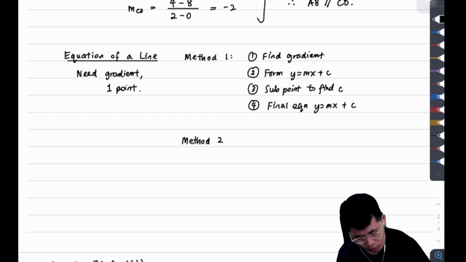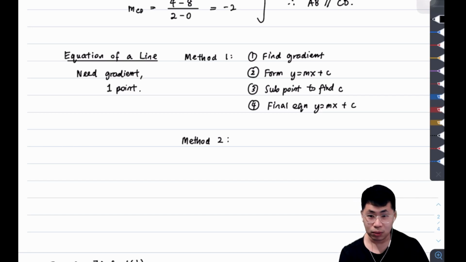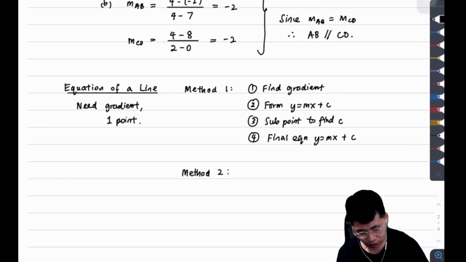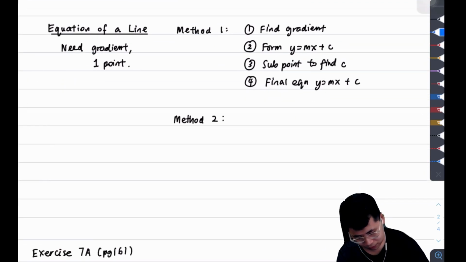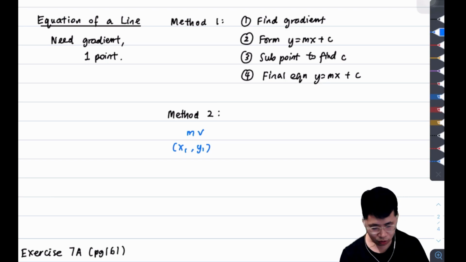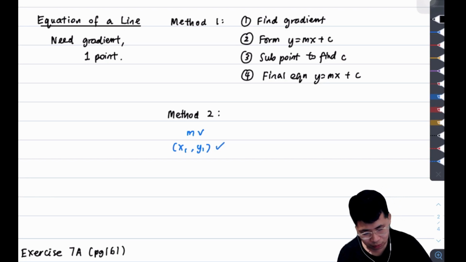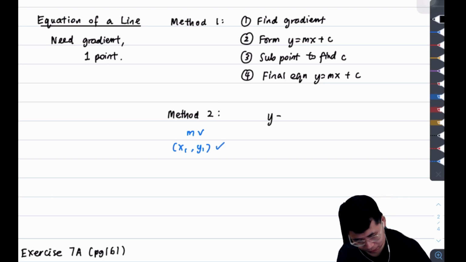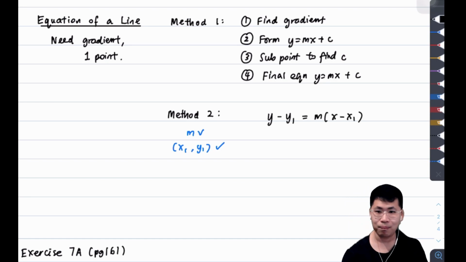Method 2 is to use a formula. Let's say you have a gradient m, and you have a point (x1, y1). What you're going to do is make use of the formula y minus y1 is equal to the gradient times (x minus x1).